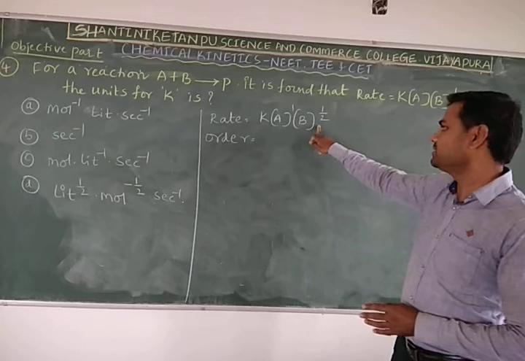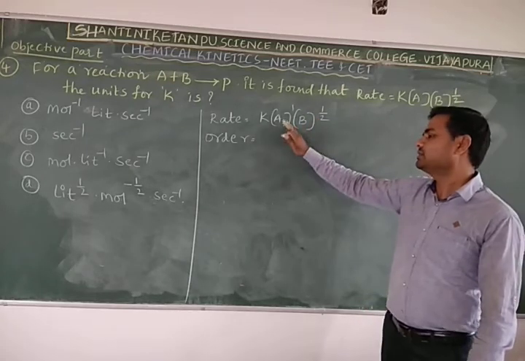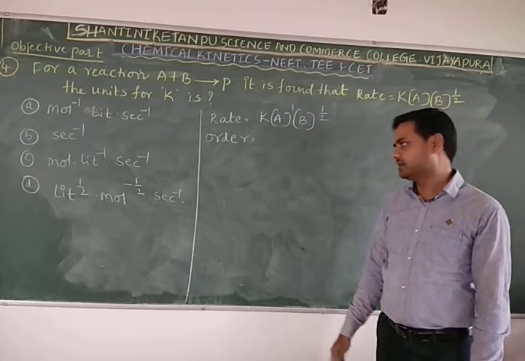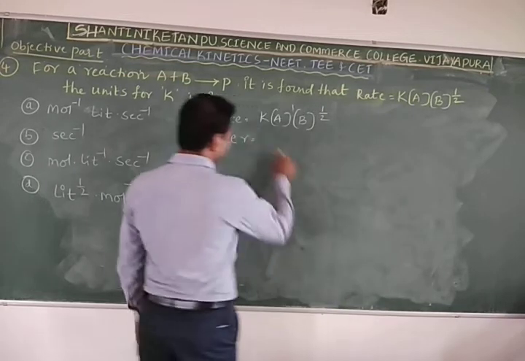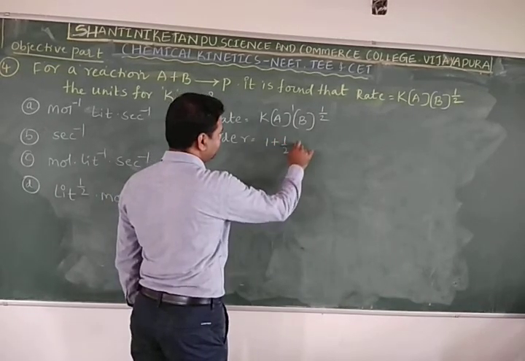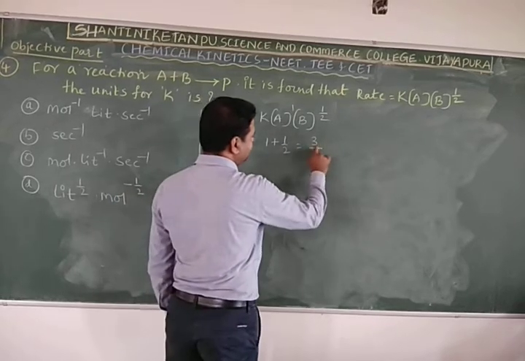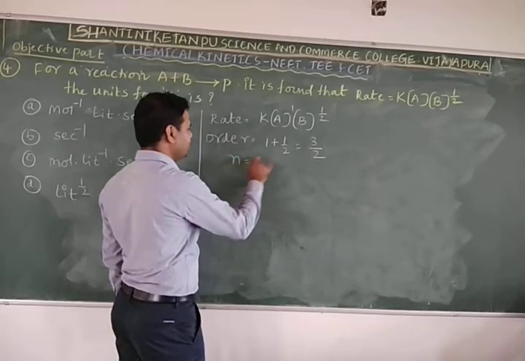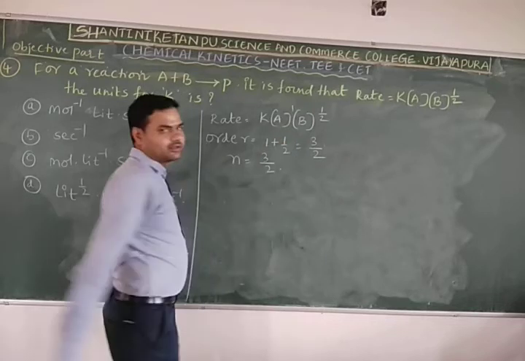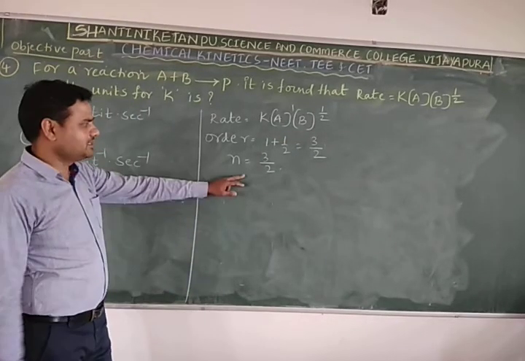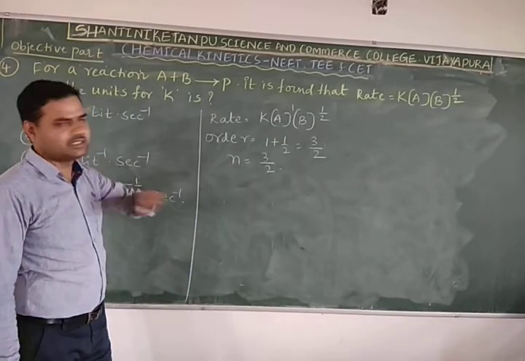So we take the sum of the powers of the concentration terms. Then order is equal to 1 plus 1 by 2, which is 2 plus 1 by 2, nothing but 3 by 2. Therefore, the n value is 3 by 2, the total order of the reaction.